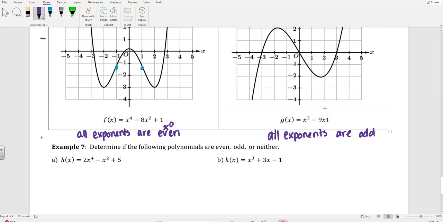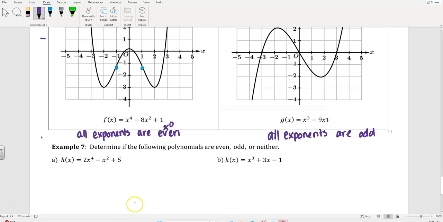But because even functions and odd functions have these unique characteristics, where an even function is symmetric about the y-axis, and an odd function has 180-degree rotational symmetry, it's kind of nice to be able to recognize that because it tells you things about the graph that will help you understand what it looks like.